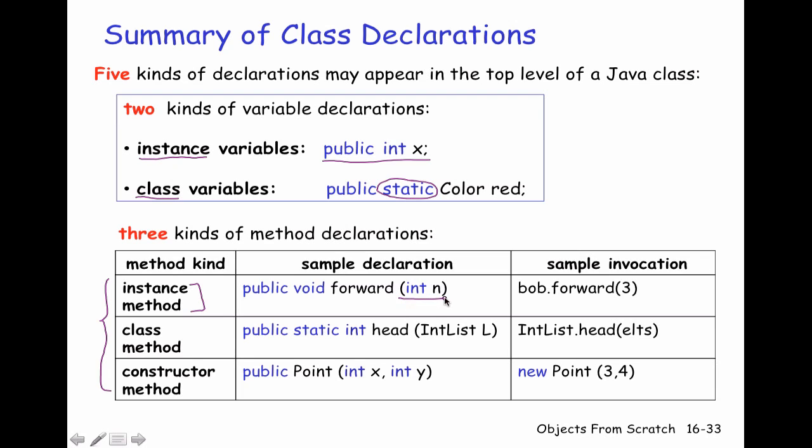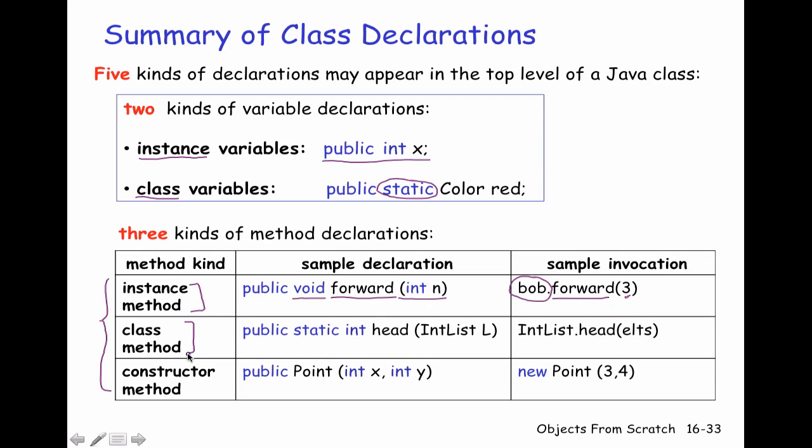So because we see parentheses here, we know it's a method declaration, and we know it's an instance method because it has a name of a method, it has a return type or void, and it does not have the keyword static. So that makes an instance method. And we know how to invoke instance methods. To invoke an instance method, you take some expression that denotes an instance, like Bob here might be a Buggle, and we use the dot notation, dot forward, supplying our parameters to invoke an instance method.